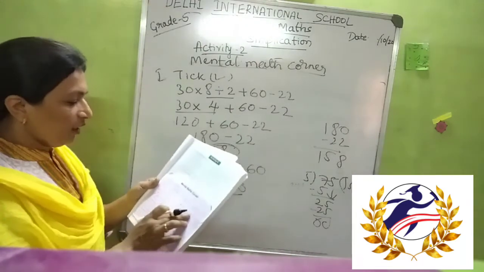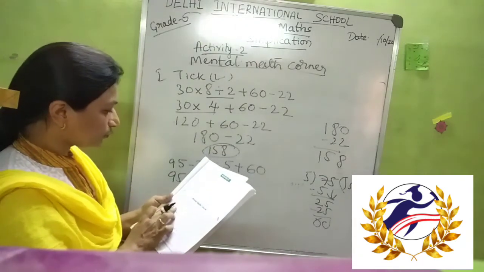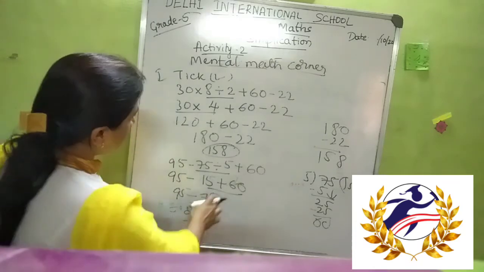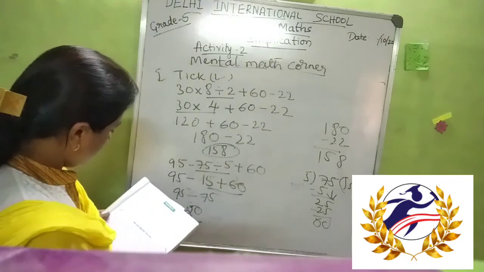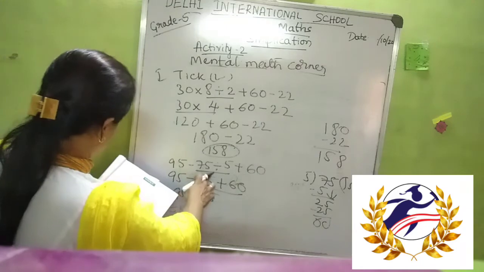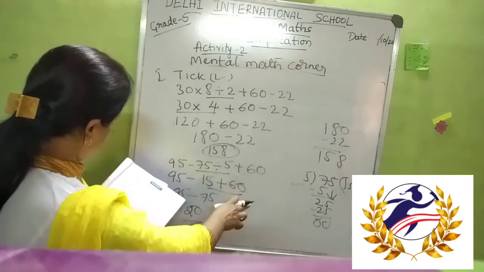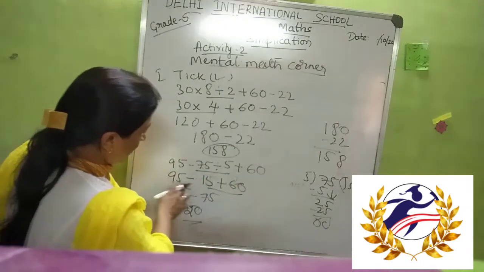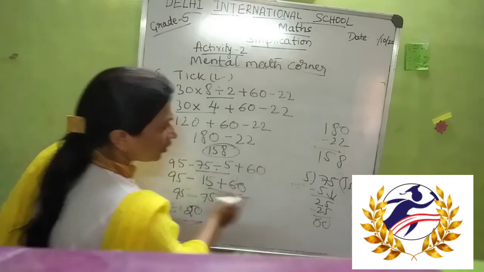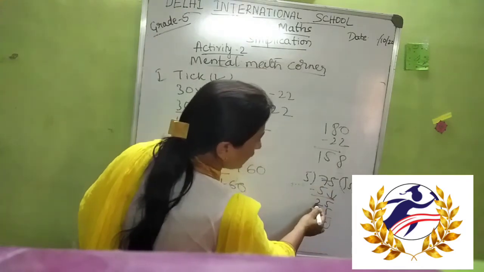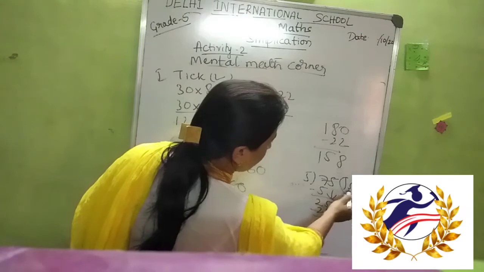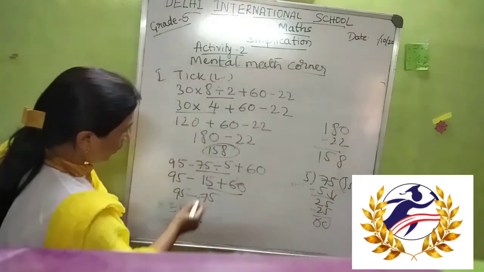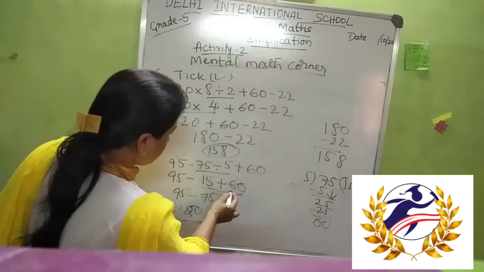Okay. So here this is 95 minus 75 divided by 5 plus 60. So 5 ones are 5. 7 minus 5 is 2. So 5 5s are 25, so I got 15 plus 60.